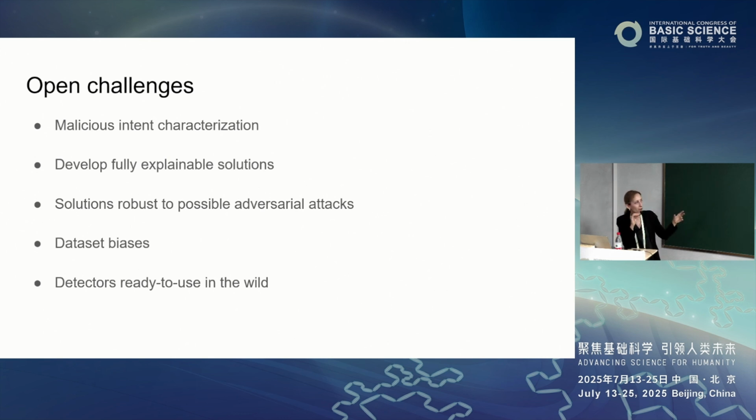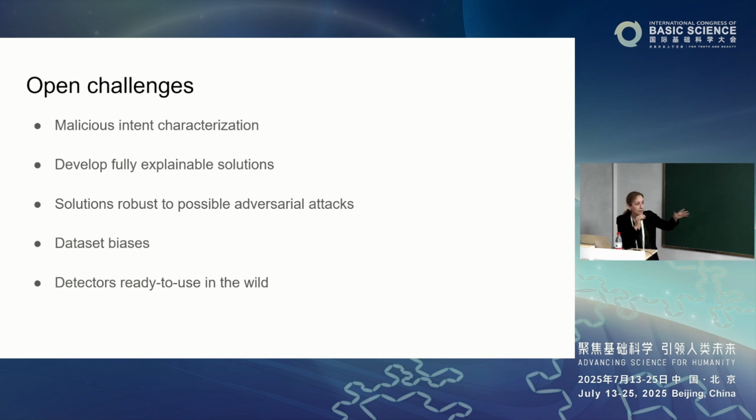For example, something that happens is that you have real images during training that are JPEG compressed and synthetic images that are not compressed. And so the detector is actually learning the differences in compression artifacts and not the difference between real and synthetic generated images. So you should really pay attention to how you build a good training dataset.